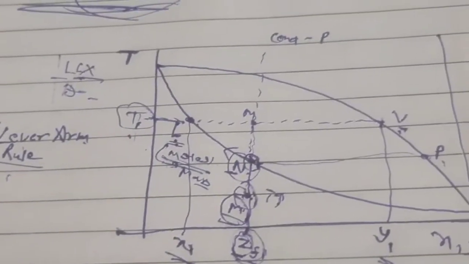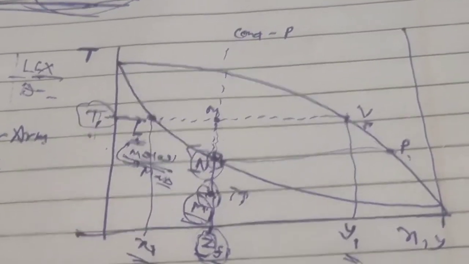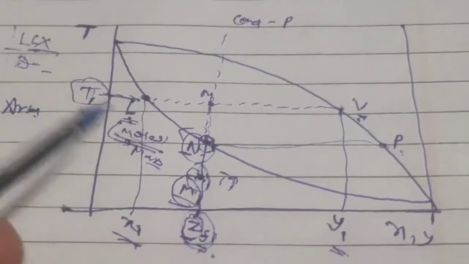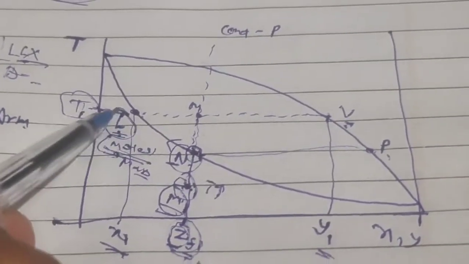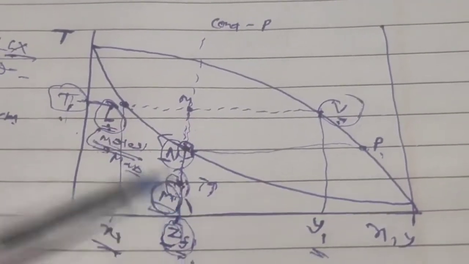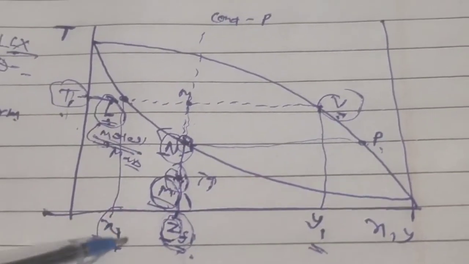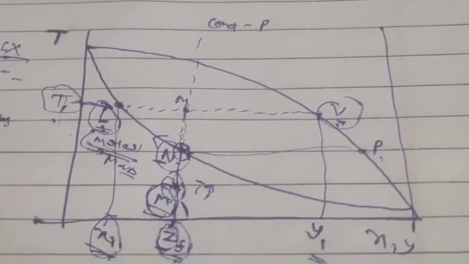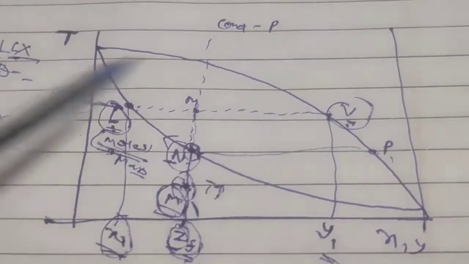So listen carefully. As you can see, we have the amount of liquid, the amount of vapor, and the amount of initial feed, and we also have data about the mole fraction. So the question is how we can relate all these things.